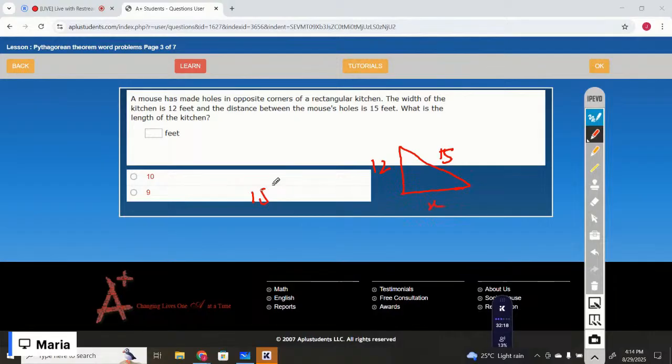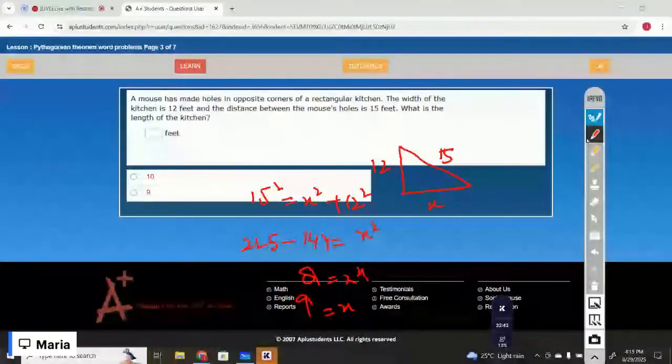So that is 15 squared equals x squared plus 12 squared. 225 minus 144 is 81. So x equals 9. So that means the length of the kitchen is 9.